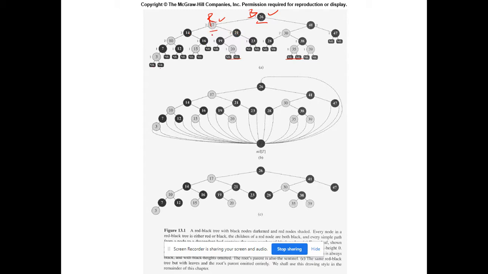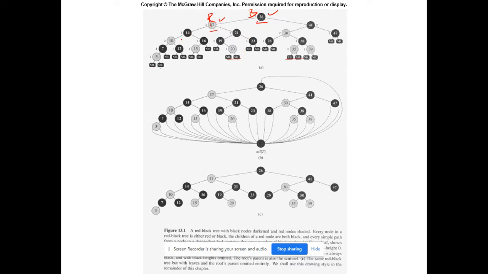Another property we said is that from any node, the number of black nodes across the paths to its descendant leaves should be the same. If I take this particular node, how many paths do I come across until I reach the leaf nodes? This is one path, and this is another path, and another path, and another path.